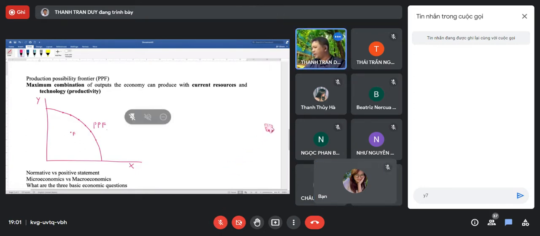Somehow it's correct, but it's not the reason. Give me the keywords.